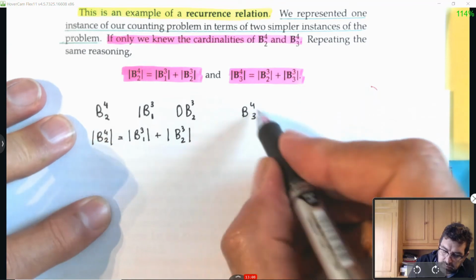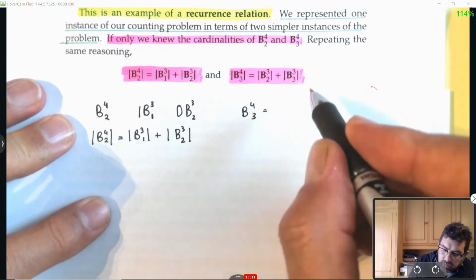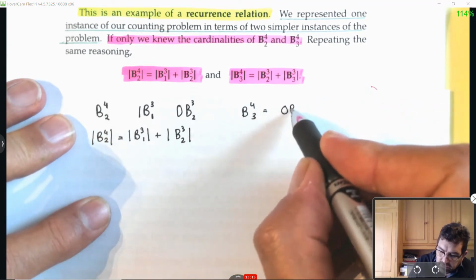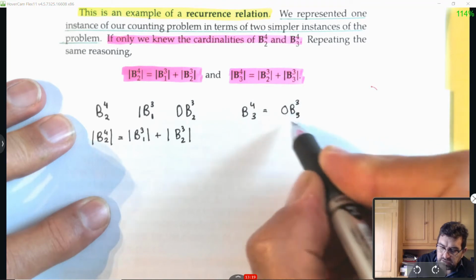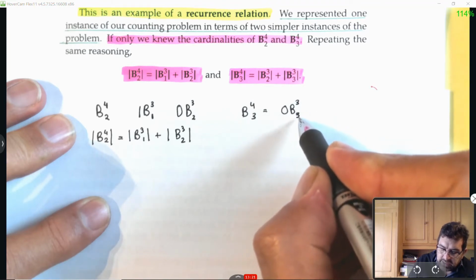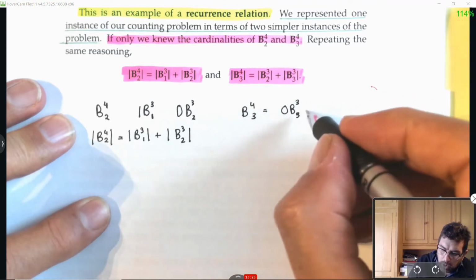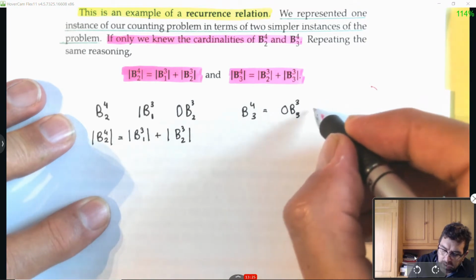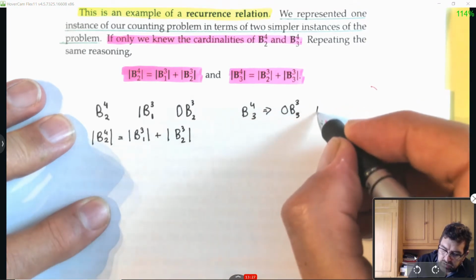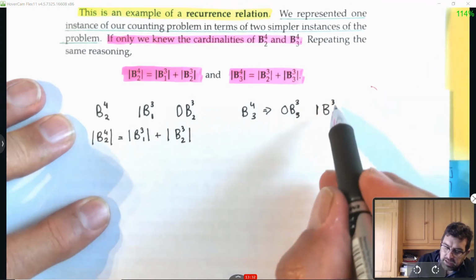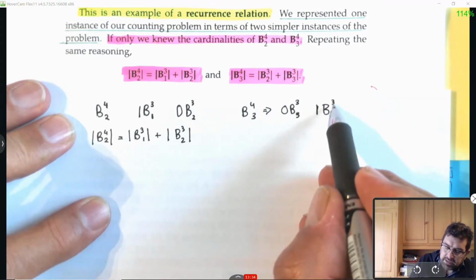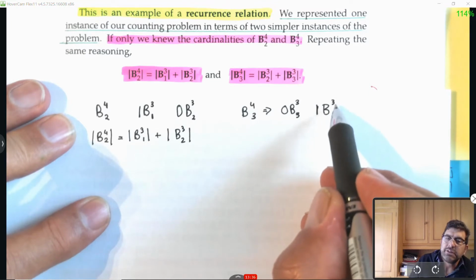So how could we have done this? Well, we could have chosen the 0 first, then we had 3 elements left, but we still had 3 elements to choose as 1s. Or had we chosen a 1 first, we had a length of 3 still to complete.